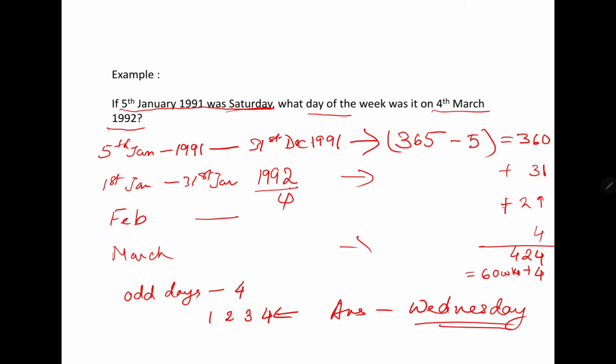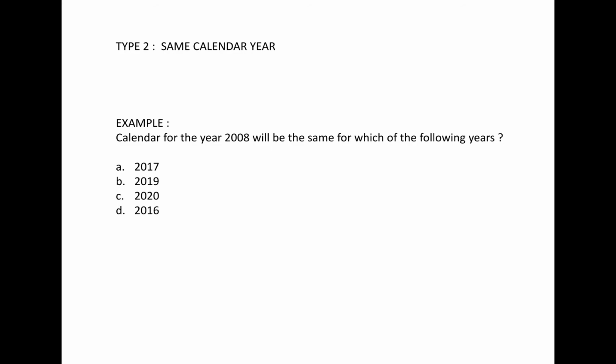Now the second type: we have to find the year which will have the same calendar. Here the question is to find the year which will have the same calendar as the year 2008. For this question it's very simple.